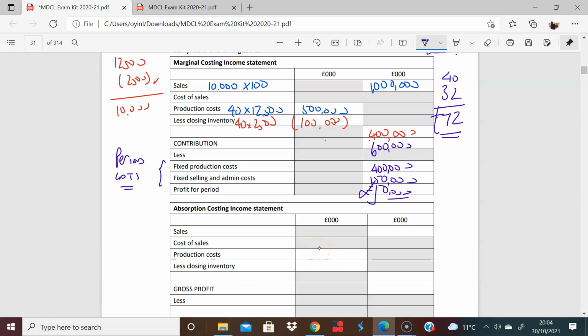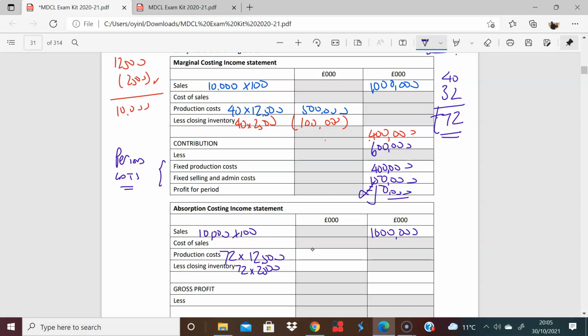So you have a full cost of 72, and we literally do the same thing. Let's work it. We have 10,000 times 100, which takes us to a million again. Then you have your cost of sales, which is 72 times 12,500 less 72 times 2,500.